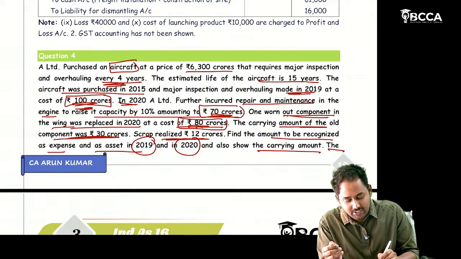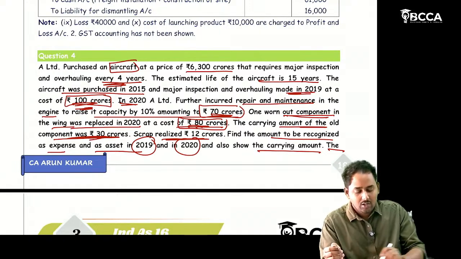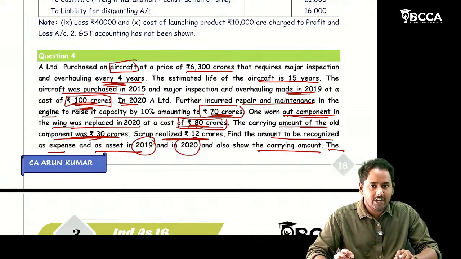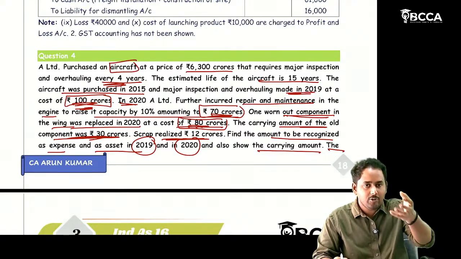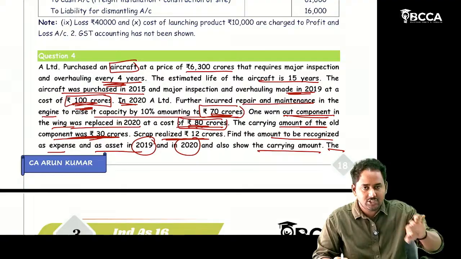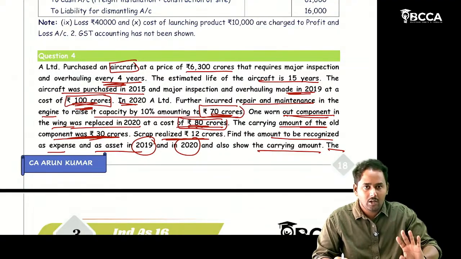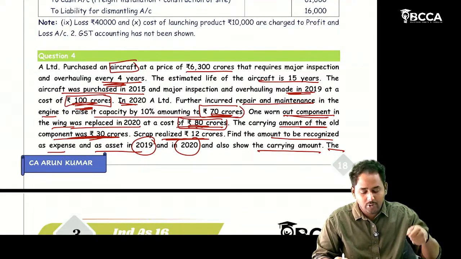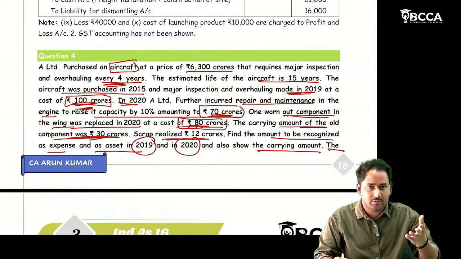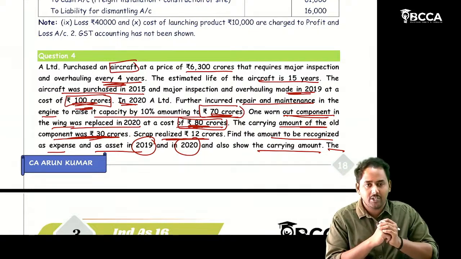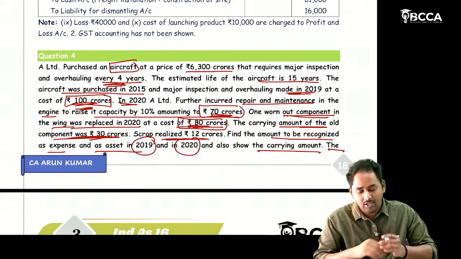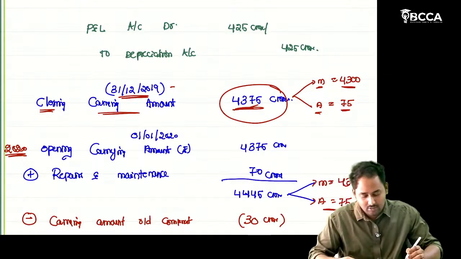And we should deduct this 30 crores. The old component's carrying amount should be derecognized because we need to take the old component out of the entire aircraft, right? So this 30 crores should also be removed from the carrying amount. And the new component should be added to the aircraft. The cost of that new component is 80 crores.